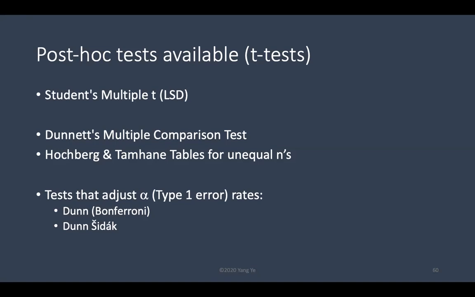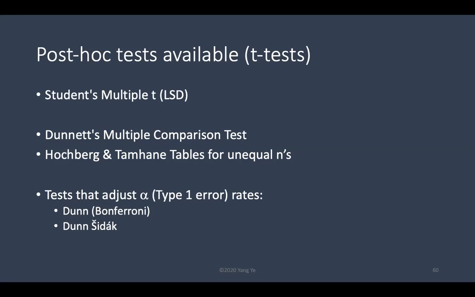So what the Bonferroni method does is, if you want to run 5 comparisons, it adjusts the type 1 error rate by dividing alpha by 5, the number of tests that you're running.